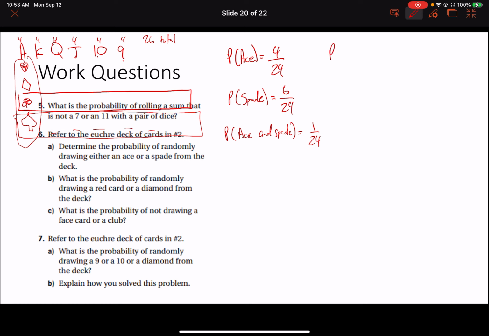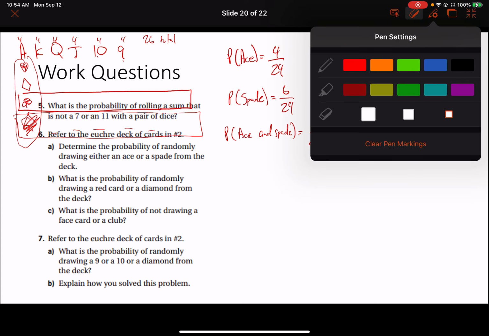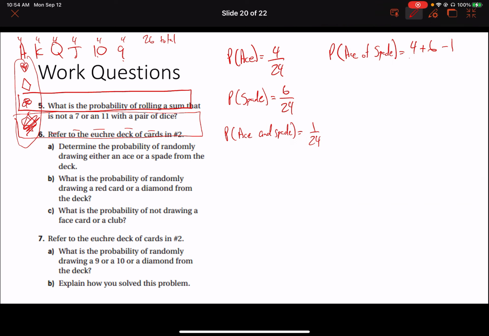It's not mutually exclusive, right? So the probability of ace or spade is going to be 4 plus 6 minus 1 all over 24. If we want to just do basic math, 4 over 24 plus 6 over 24 minus 1 over 24 is equal to 9 over 24.